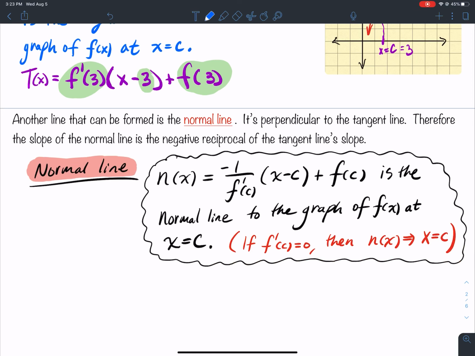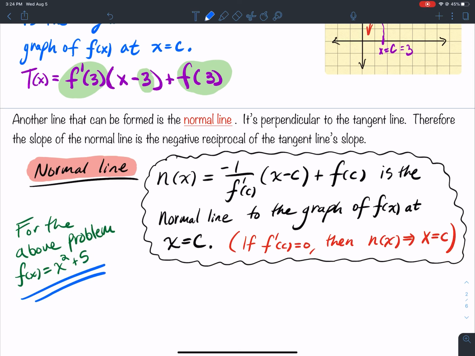So that would be the one scenario you'd watch out for so that you're not dividing by 0 in your formula here. Okay, so let's take the problem x squared plus 5. Remember we found the derivative f prime of x to be 2x. So if I evaluate f prime of 3, that's 2 times 3, which gets me the 6.